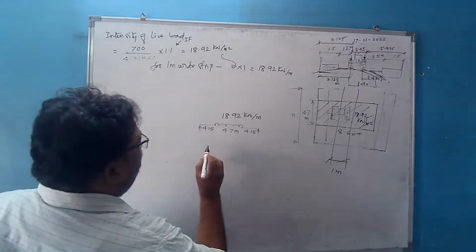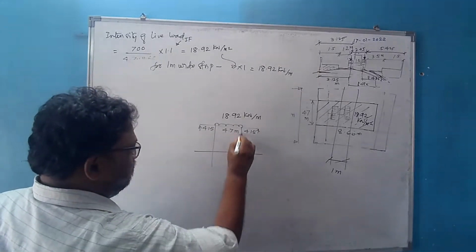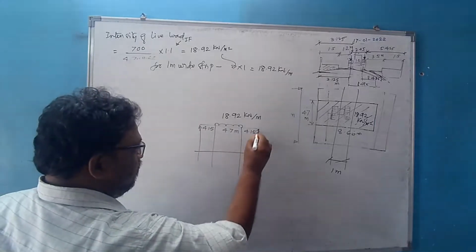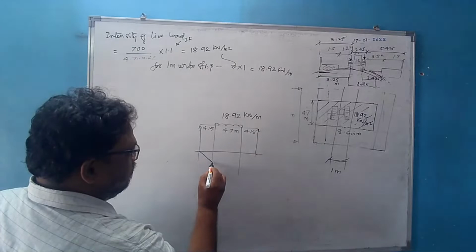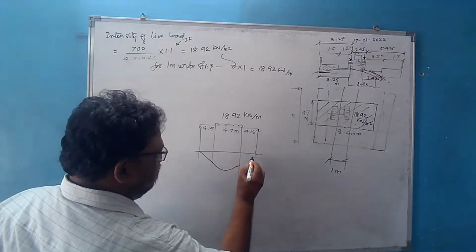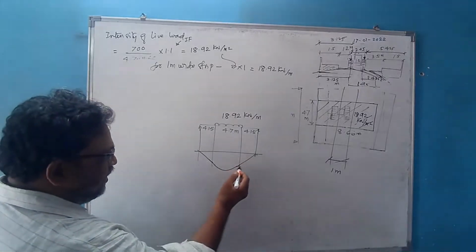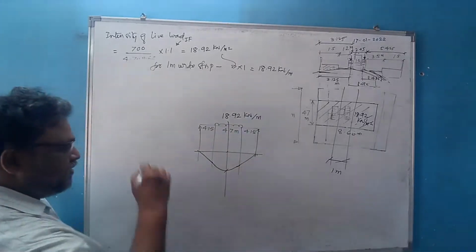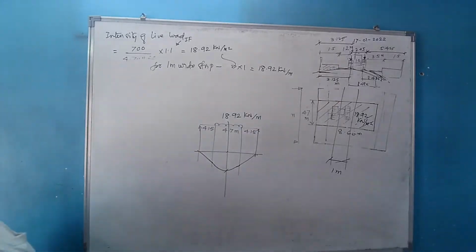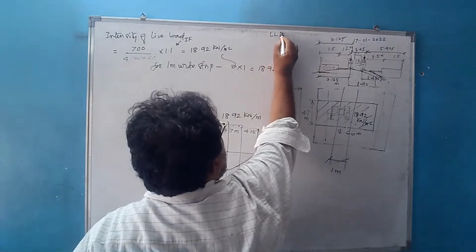Can you tell me how much is the maximum bending moment? It is symmetrically placed. So this is how the bending moment diagram will be. It will be linear here, linear here, parabolic here, and the maximum will be at the center. So we will have the live load bending moment.